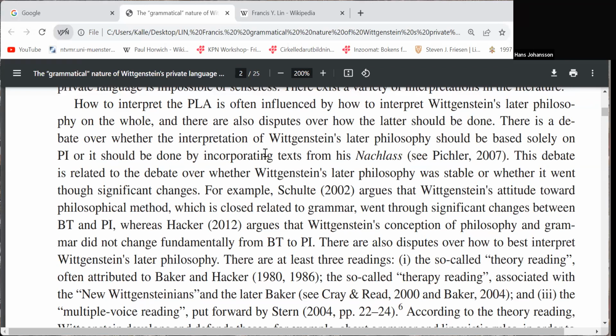There is a debate over whether the interpretation of Wittgenstein's later philosophy should be based solely on Philosophical Investigations or it should be done by incorporating texts from his Nachlass. This debate is related to the debate over whether Wittgenstein's later philosophy was stable or whether it went through significant changes.